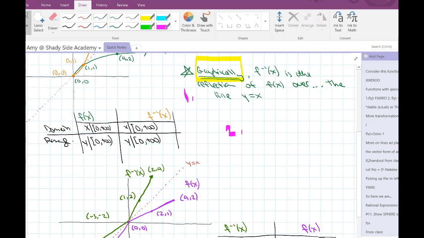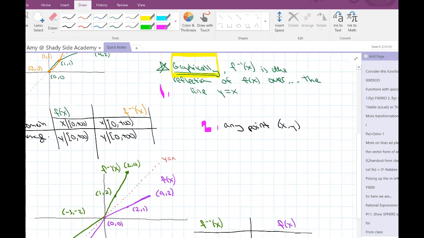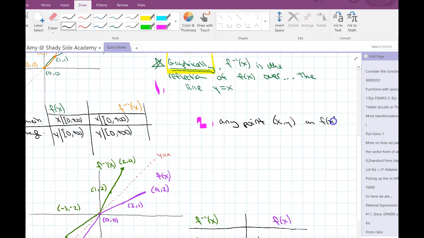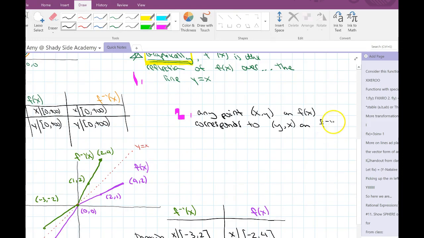So the second point is that any point, let's call it x, y, on the function corresponds to, and when we say corresponds to, we're saying that the reflection image of that point on f of x, when you reflect it over the line y equals x, it corresponds to y comma x on the inverse, okay?